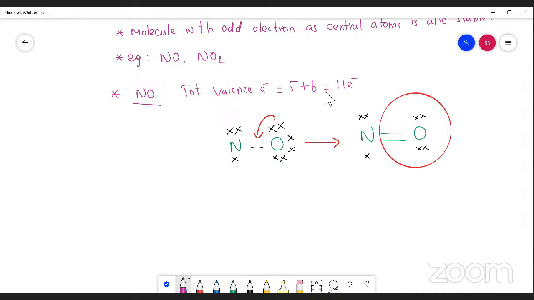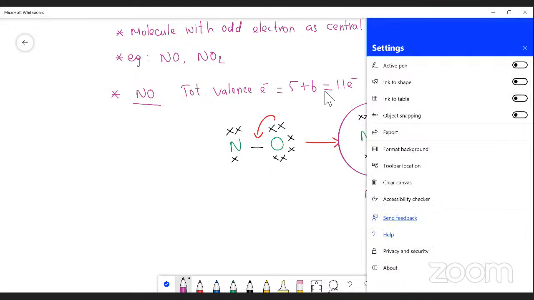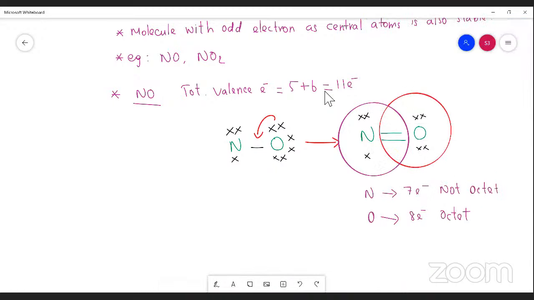In the case of nitrogen, it has only 7 electrons, so it is not an octet. Oxygen has 8 electrons and nitrogen has 7 electrons.